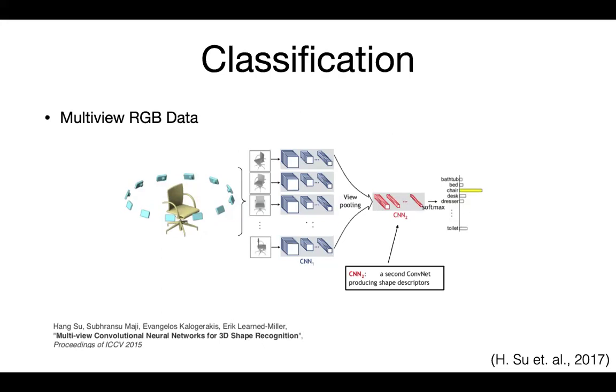After that comes the multi-view part: we do view pooling and combine all the views into one representation. Then we have a second stage, a convolutional network that operates on shape descriptors. For classification, it looks at several images of the shape and says, well, this is a chair with probability 90%, something like that, right?